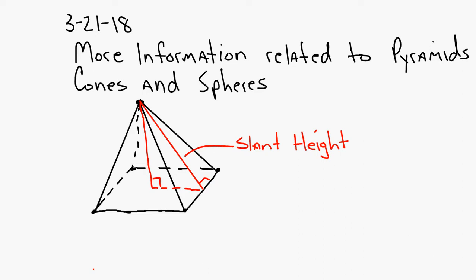And the other leg of the right triangle is half of this piece right here, or half of the width of the base. All right, so let's say that this piece of the base is 50. All right?